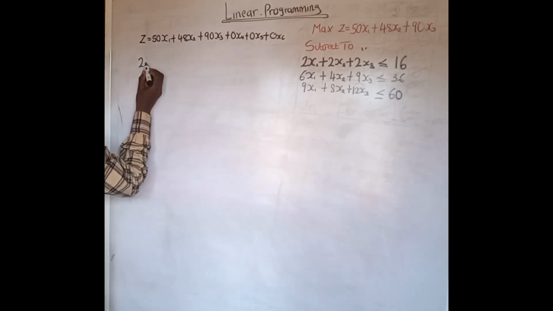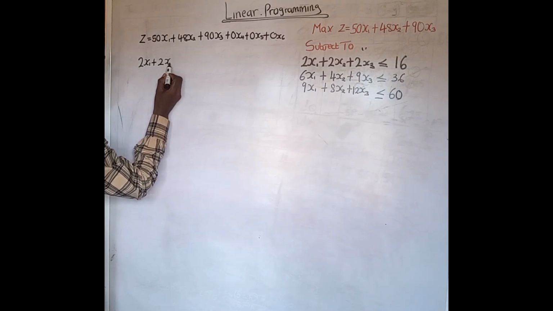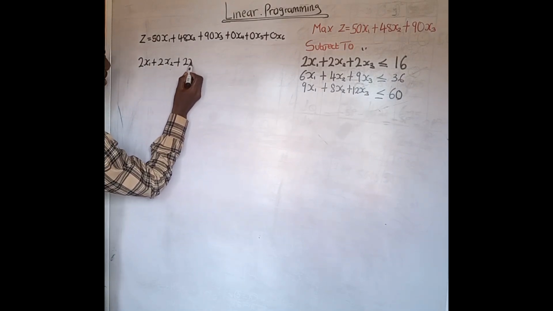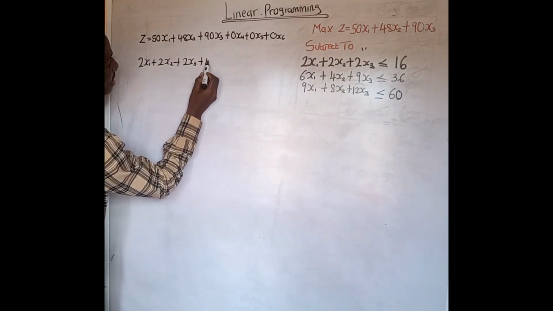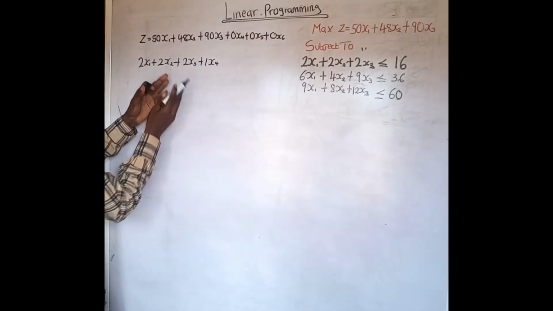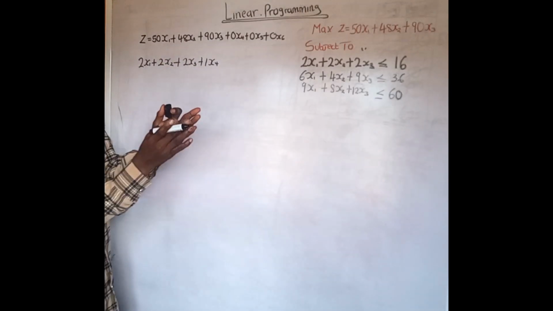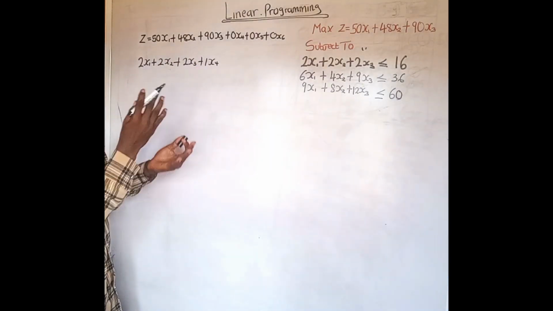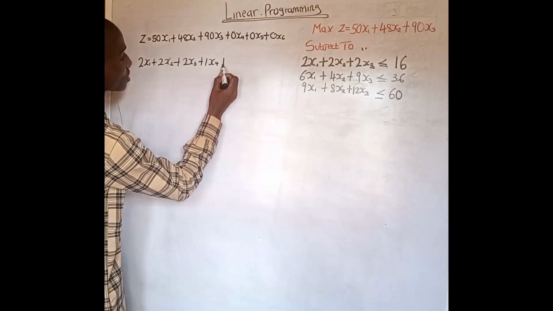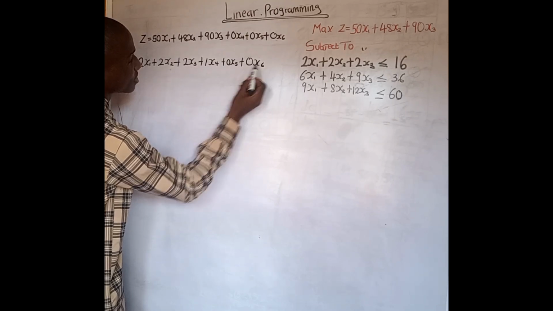So for the first constraint, I'm going to be having 2x1 plus 2x2 plus 2x3 plus x4, because x4 belongs to this constraint, so I'm not going to put 0 as its coefficient, but the coefficients of the other slack variables will be 0. So I'm going to be having plus 0x5 plus 0x6.